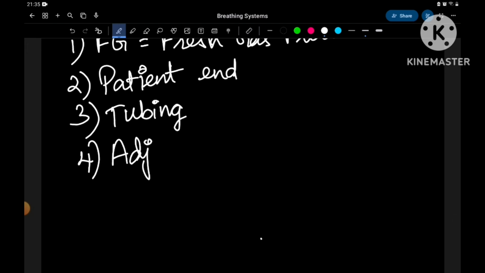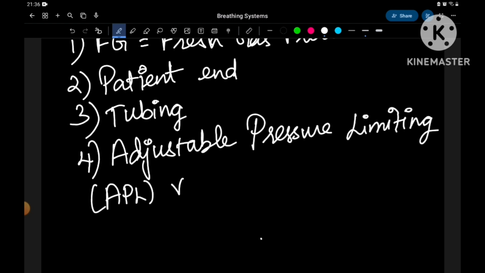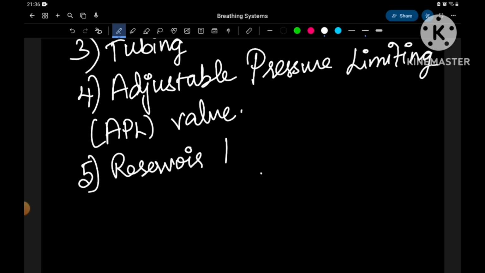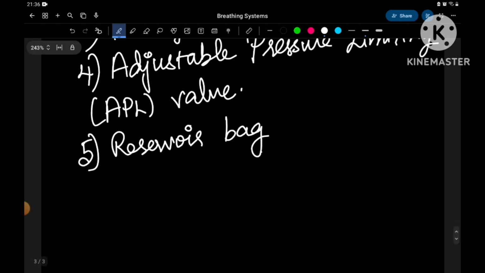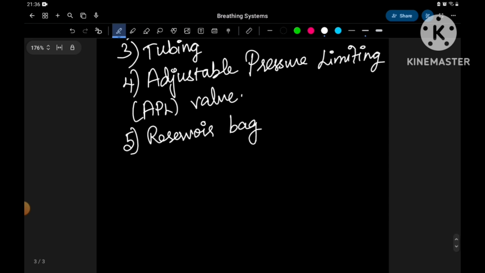That is nothing but adjustable pressure limiting valve. Next, fifth one is reservoir bag. We'll revise it at the end, okay? So these are the 5 components every circuit has.